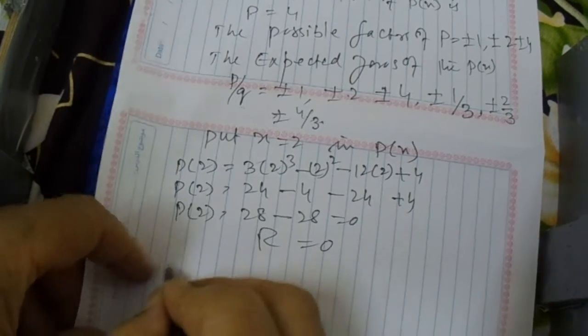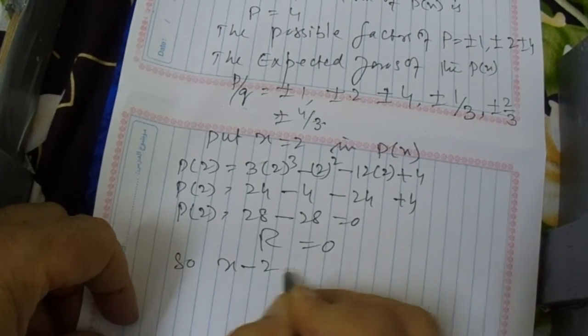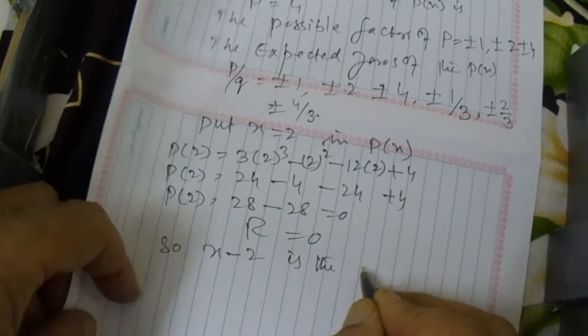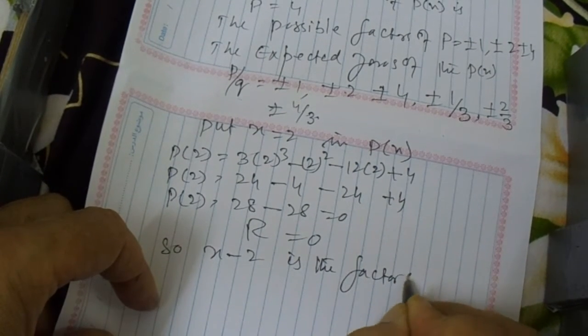R is equal to 0. So x − 2 is a factor of P(x).